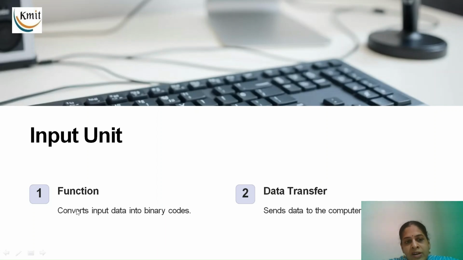So, the main role of an input unit is to convert that human readable code into a machine code or a binary code. That is done by means of an input unit. And it sends the data which is taken as an input from the user to the computer memory. The data transfer is one more function.